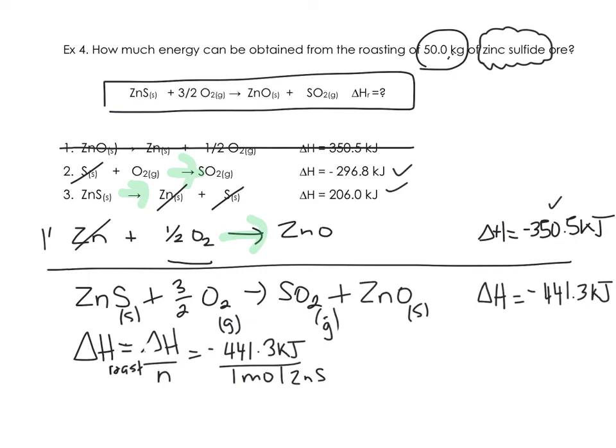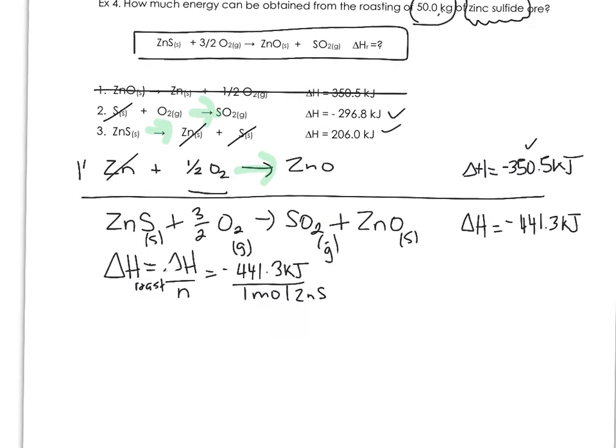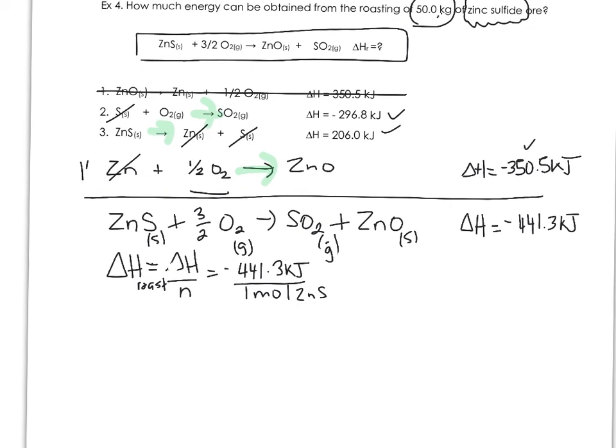Okay, so now we have some information. We have the overall reaction. From the overall reaction, we got the molar enthalpy. And once we have the molar enthalpy, we can figure out the delta H, the enthalpy change, for a specific number of moles. So delta H is n times delta H roast. That's our molar enthalpy. So delta H is the number of moles. We've got 50 kilograms.